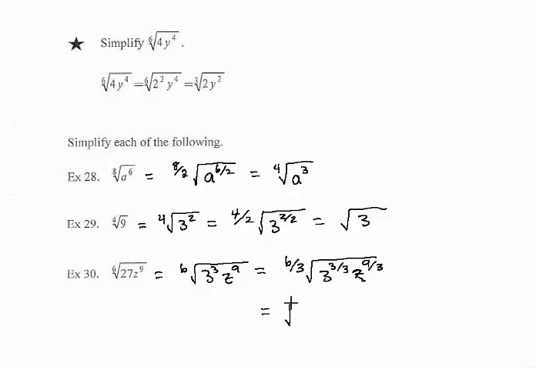And we end up with 6 divided by 3 is 2, so we have a square root. 3 divided by 3 in the exponent leaves us with a single 3, a 3 to the first power, and 9 divided by 3 for the z in the exponent would be a z to the third power.